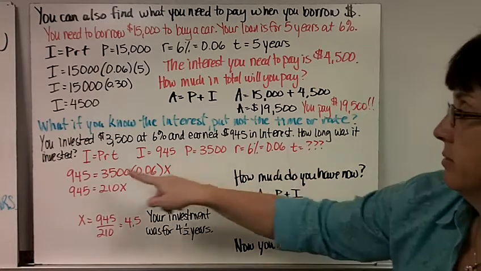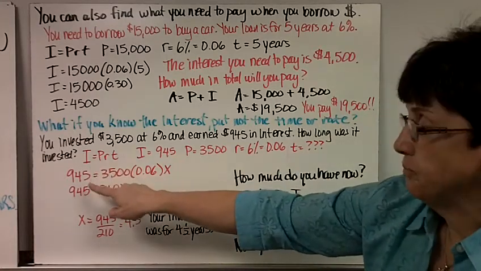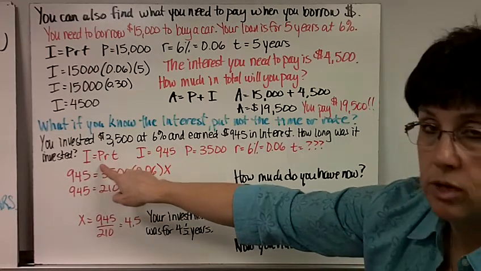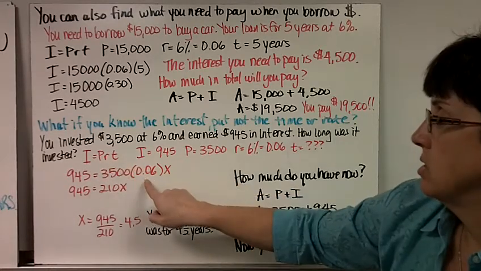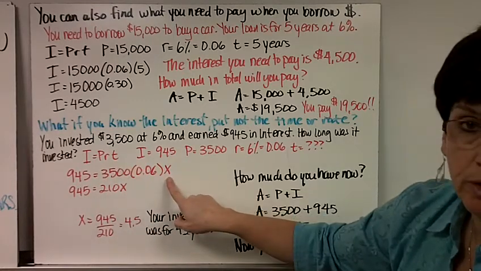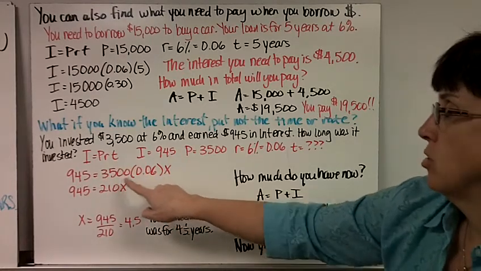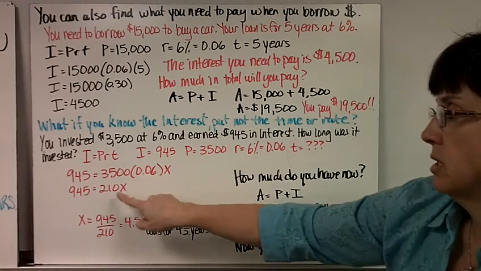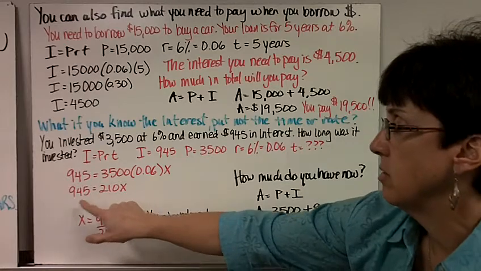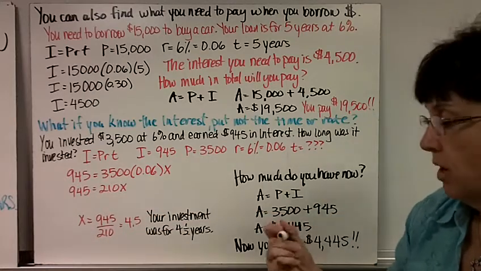So when I fill in my numbers into my formula, 945 for I, 3,500 for the principal, 0.06 for the rate, and when we don't know it, we just put in our variable, our x. So 3,500 times 6% is 210 times x. And now how do I solve this problem? Divide.